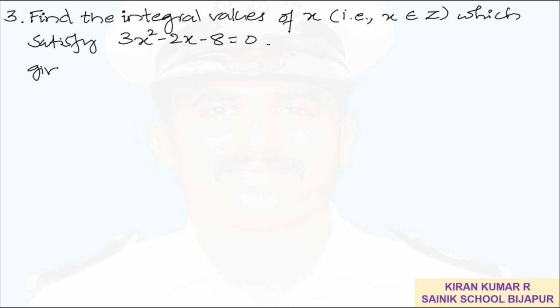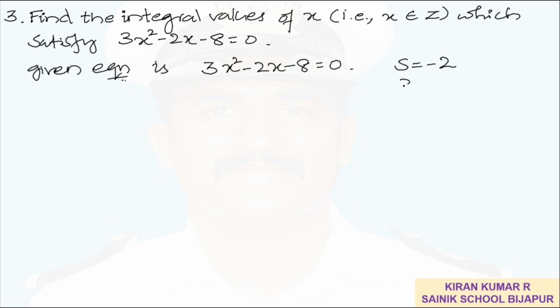Now let us consider the given equation. Given equation is 3x square minus 2x minus 8 equal to 0. Look at the sum and the product in this case. The sum is negative 2 and the product is negative 24.